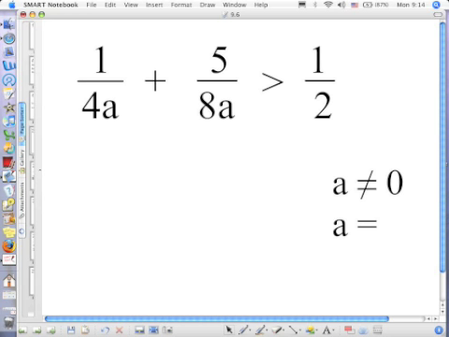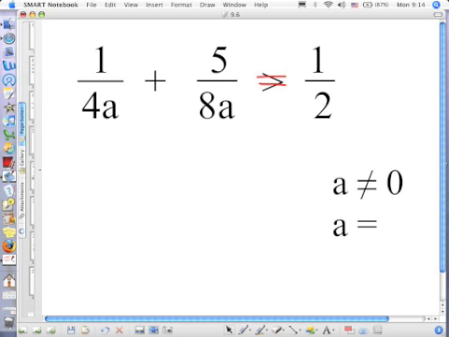But when we solve this, we're going to solve it like an equation. So that's where you have to identify, when I'm done with this, I need to test the number line.